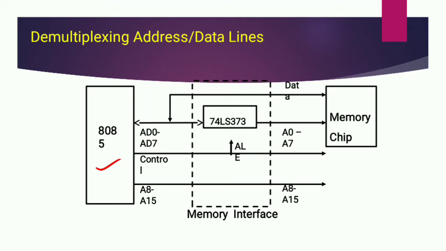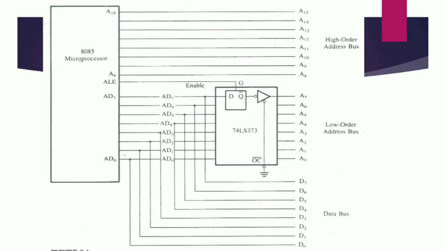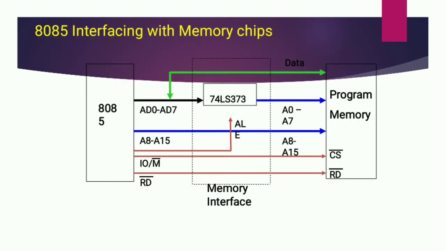The interface circuit enables that access. This is the internal structure of interfacing with the memory chip. This is the block diagram. Here 8085 is interfacing with the memory chip.